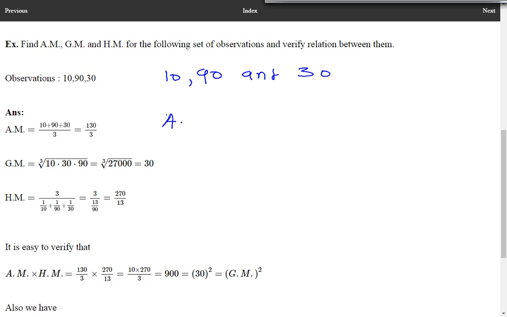Arithmetic mean is the sum of all observations upon the number of observations. So just add them: 10 plus 90 is 100, 100 plus 30 is 130, and the number of observations is three. So the arithmetic mean is 130 upon 3.